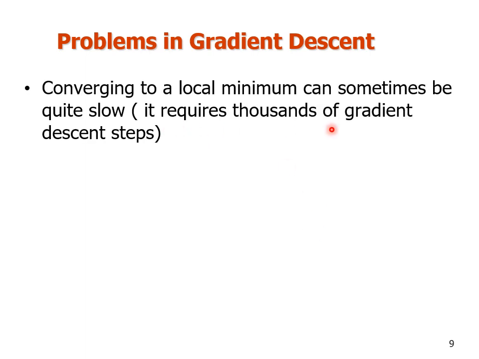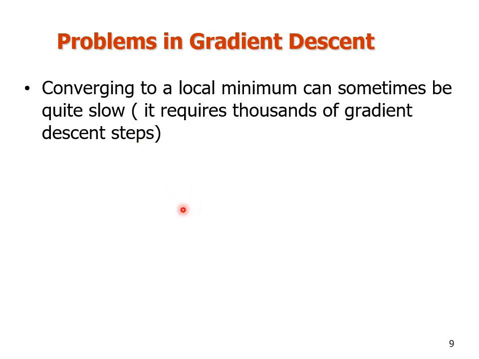Even though gradient descent is an attractive algorithm for perceptron learning, there are certain problems with it. Converging to a local minimum may sometimes be quite slow, and it requires thousands of gradient descent steps. This is one problem.